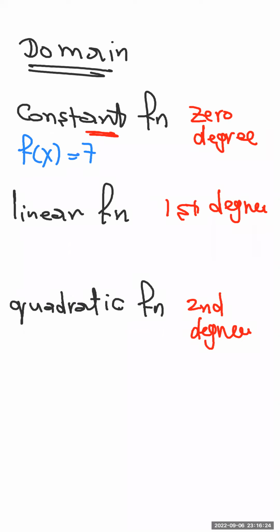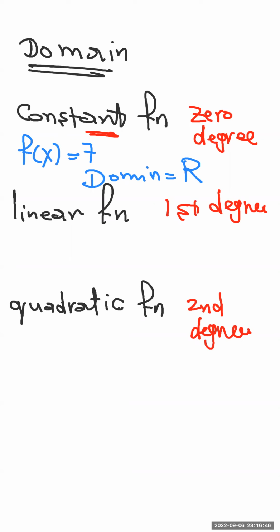So in this case, the domain equals real numbers. We said that domain means x. So whatever the value of x, even if it's all the real numbers, we will get the value of y, which is a constant value, always equal to 7.